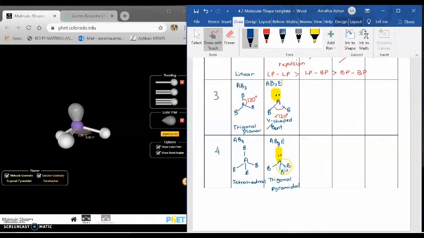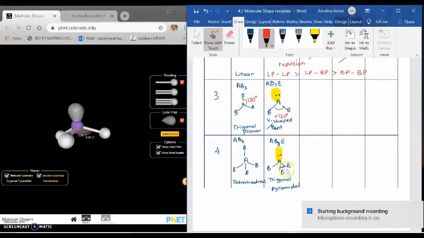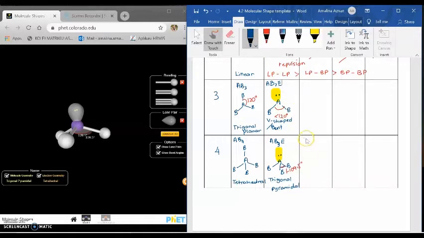So the bond angle between each bond will be less than 109.5 degrees.